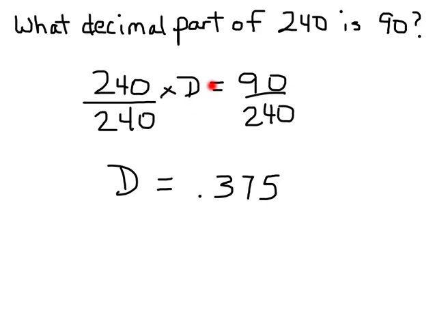I need to get D by itself, so I need to divide here 240 by itself, so I'll also have to divide on this side 240 by itself. Now I could do that as a simplified fraction, but it wants a decimal, so we need to convert this to a decimal number. When I do, and you're more than welcome to use your calculator on this, D equals 0.375. Okay.